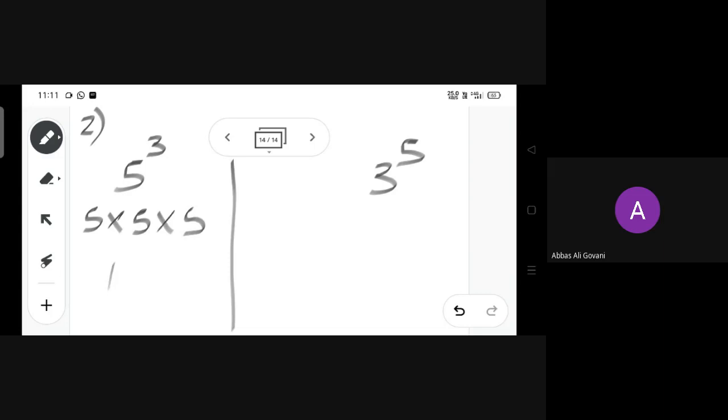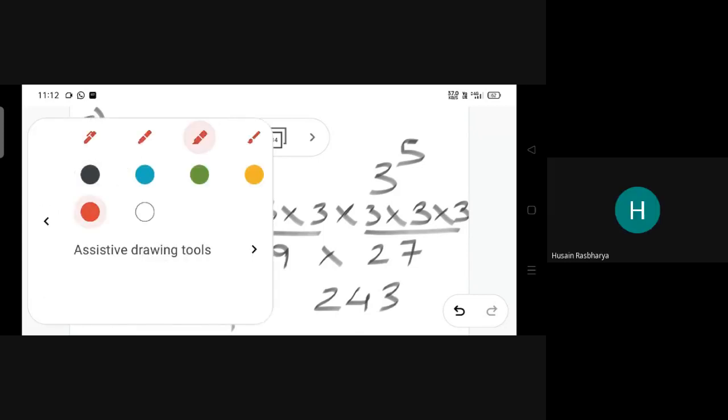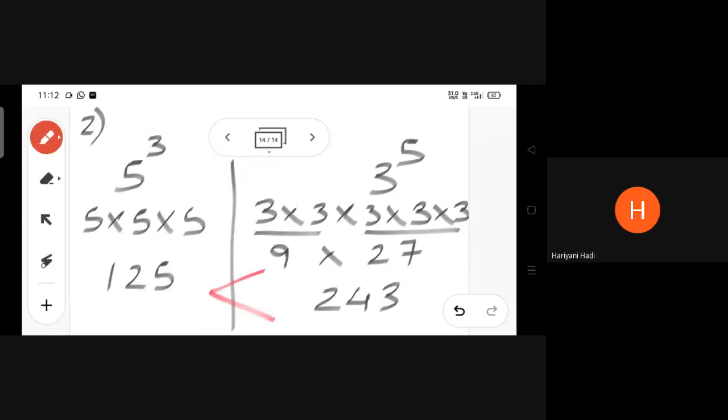So this gives you 125. 3 into 3 into 3 into 3. 3 into 3 is 9, 9 into 3 is 27, 27 into 3 is 81. So 125 is greater or 243 is greater? 243 is greater.